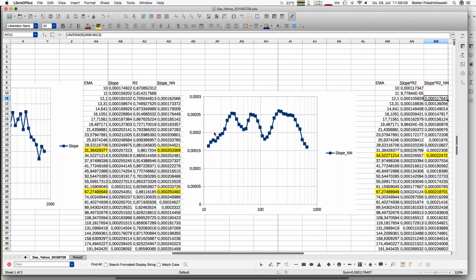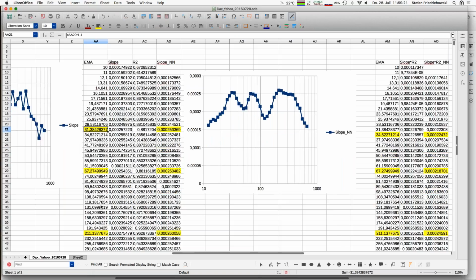But now we can indicate what kind of EMA values would be suitable for that kind of strategy, and that is, the first one would be here, something there, 67 and 211 would be the 3 favorites for that kind of strategy.